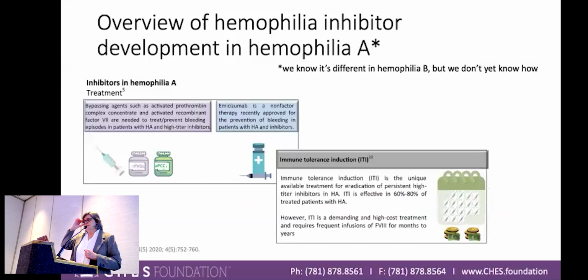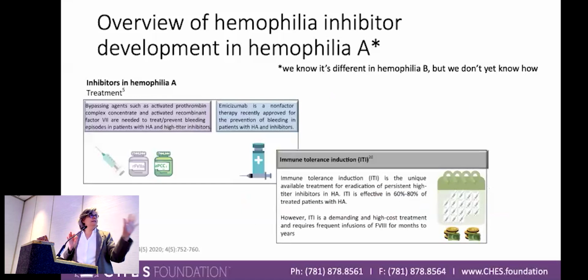And then the last thing is, there are also some genetic components, we think, in how people respond to the treatments that we give once an inhibitor has developed, acknowledging that there are other treatments, bypassing agents and antibodies. Also to remind us that immune tolerance induction has been a mainstay of trying to get that immune system to just be quiet.